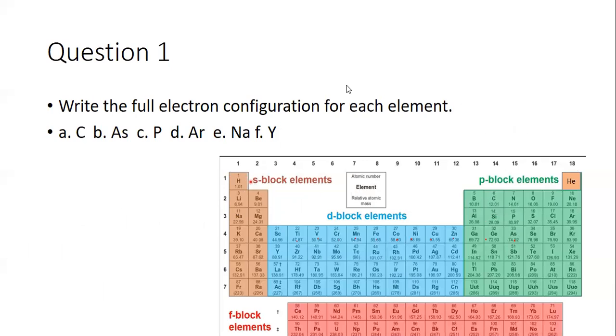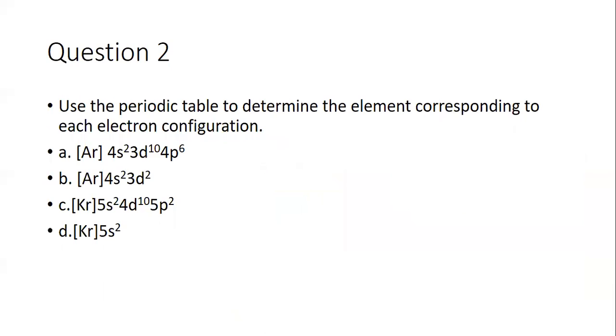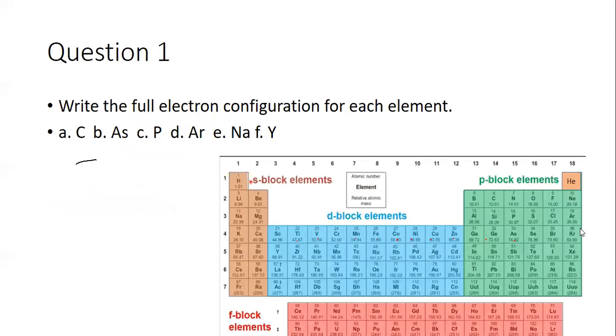Yes. So writing all that out, long form, takes forever. So there's a different way to do it. The shorthand way is, if an element comes after a noble gas, and remember the noble gases are the very far right column, so here are our noble gases, Ng for noble gases, right?